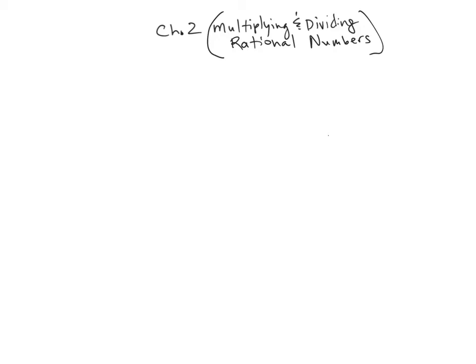So, the first thing we need to do is not forget, but separate the difference between adding and subtracting and those rules and multiplying and dividing. When it came to adding and subtracting, when it came to positives and negatives, we just sang the song: same signs add and keep, different signs subtract.